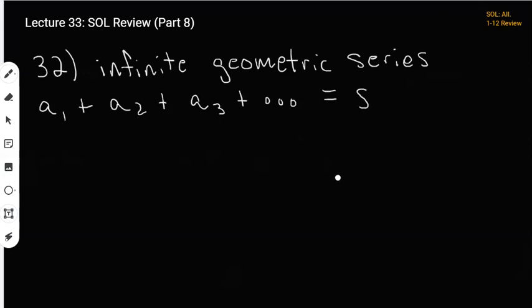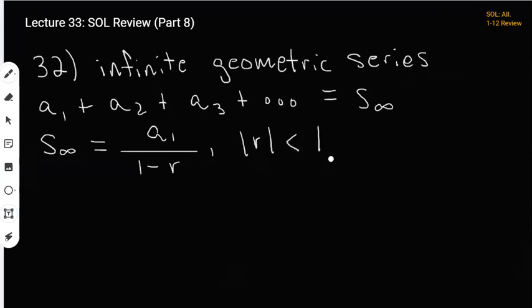I'll just call it S infinity. So the formula for this is S infinity is equal to A1 on top of the fraction. You're going to draw your fraction bar, and then on the bottom, you're going to have 1 minus R. And R cannot be equal to 1 or greater than 1. So it's got to be less than 1.